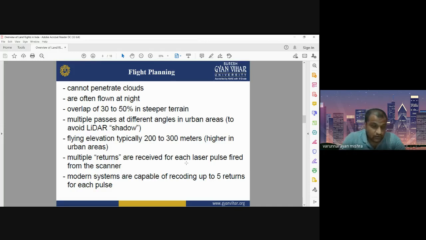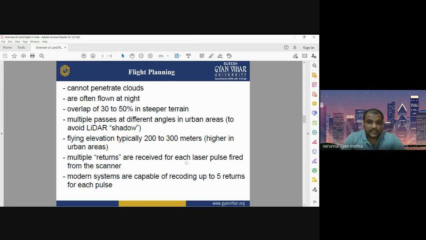Most modern lidar systems are capable of recording up to 5 returns for each pulse, means 5 times of the incoming energy after interaction with the object.